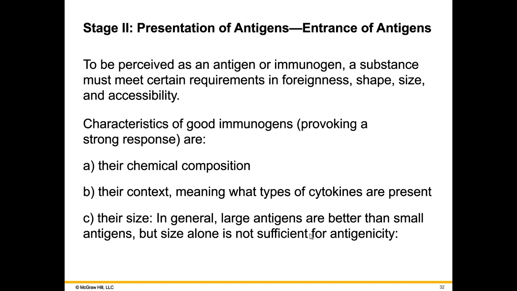Proteins are excellent in mounting immune responses because they are highly complex. Their context, which means what types of cytokines are present where the pathogen or a potentially immunogenic thing is, and their size. Typically larger things are better than smaller things, but size alone is not going to be sufficient just because it's small for it to be antigenic or not. So it's just a piece to the puzzle.